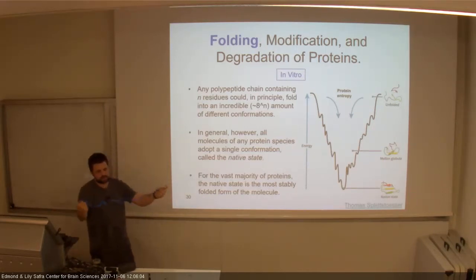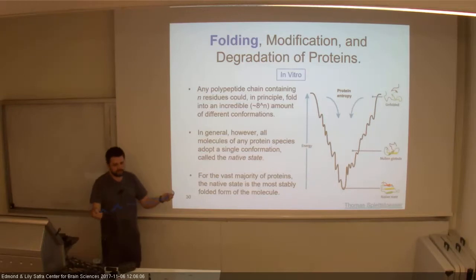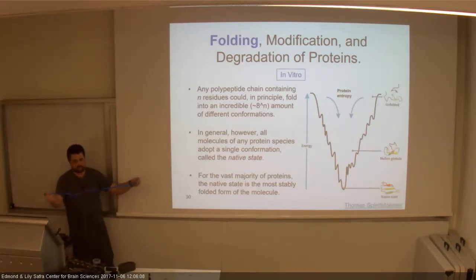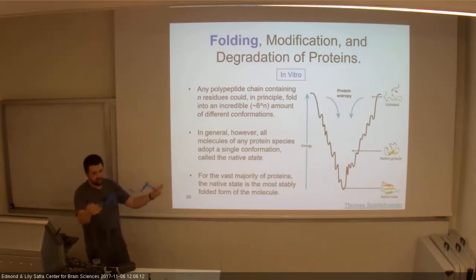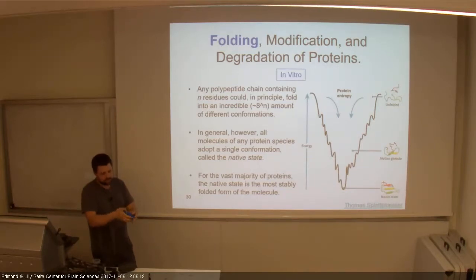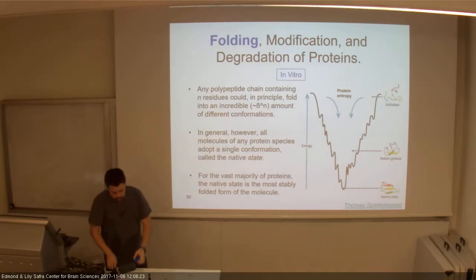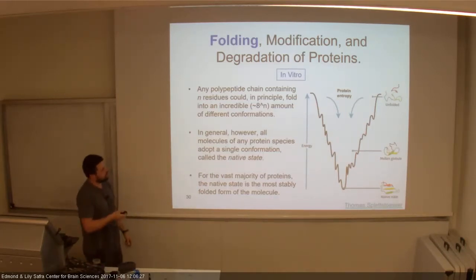Because of these interactions, the entropy of the system is relatively small. So in order to increase the entropy of the system, the entropy of the protein is actually decreased, because the order of the protein is increased in order to increase the entropy of the system.